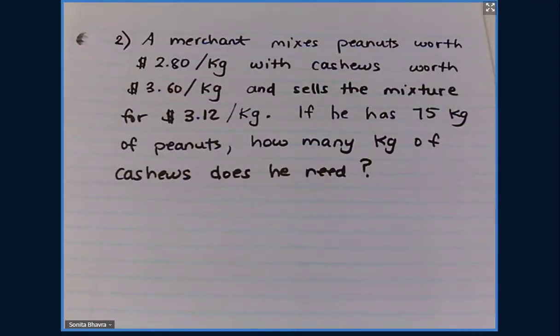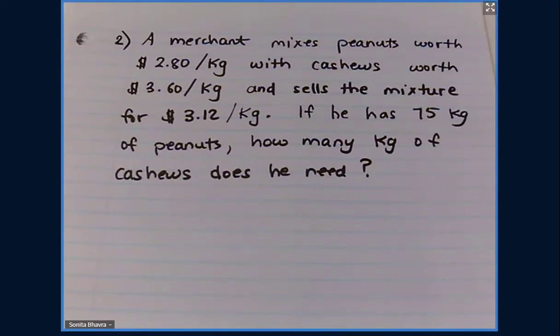All right, our second example. A merchant mixes peanuts worth $2.80 per kilogram with cashews worth $3.60 per kilogram, and he sells the mixture for $3.12 per kilogram.